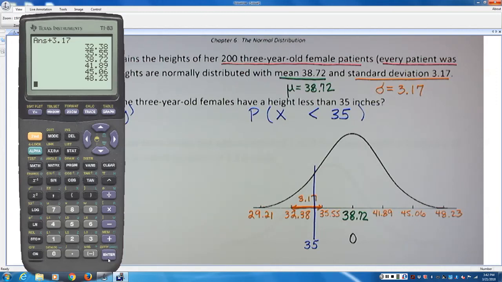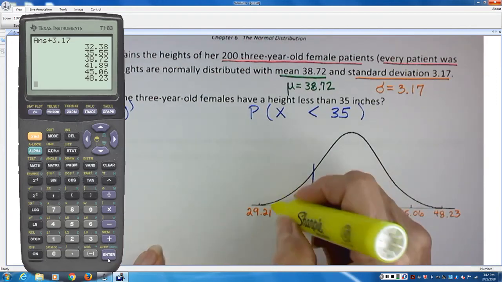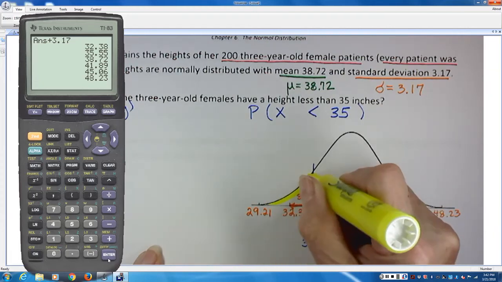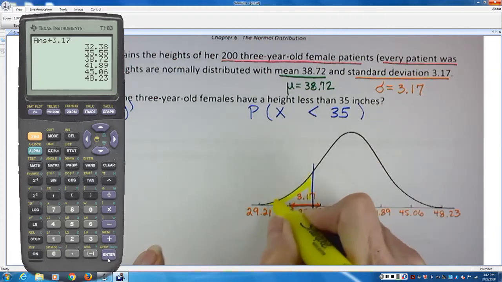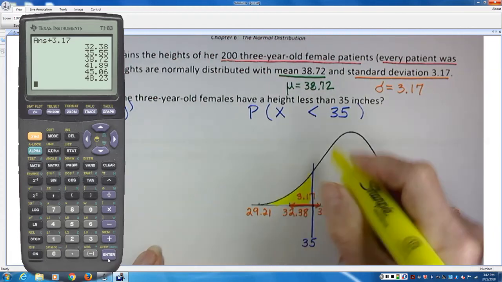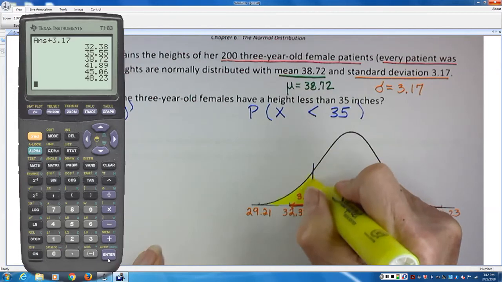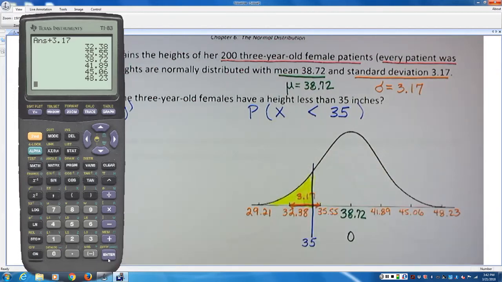And since it says what is the probability their height is less than that, we're looking for this area. So the probability is probably going to be small. It's not going to be like 0 or anything, but it's going to be a smaller probability.